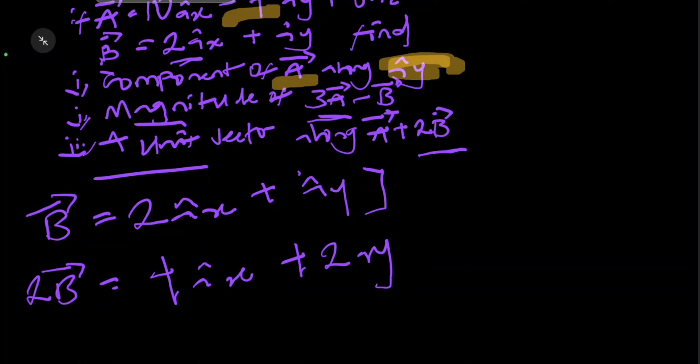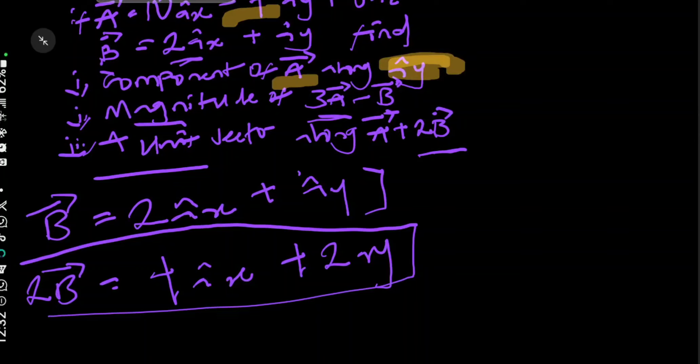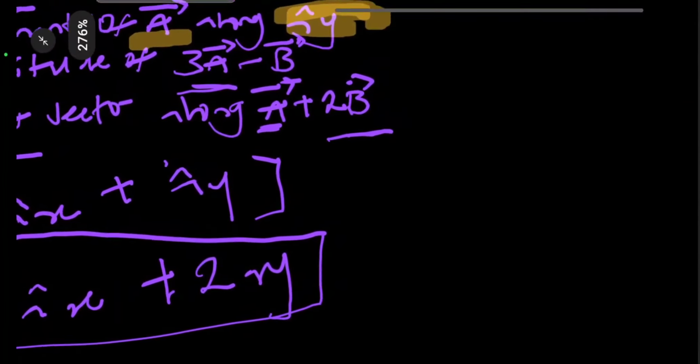So we're now asked to sum this up with our first vector, that is the a with the arrow over it.